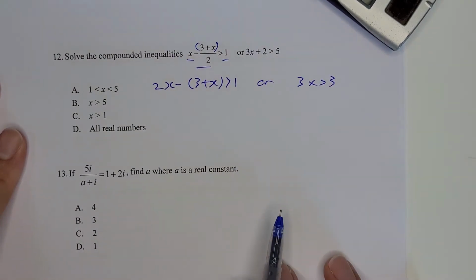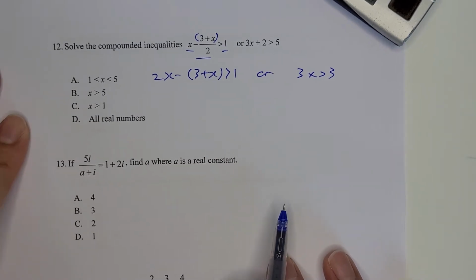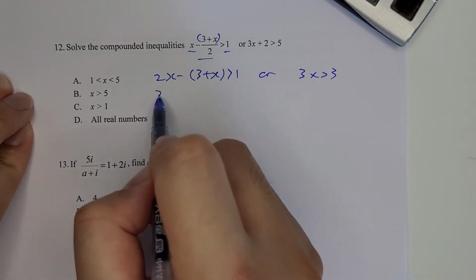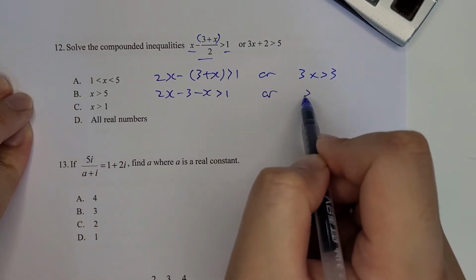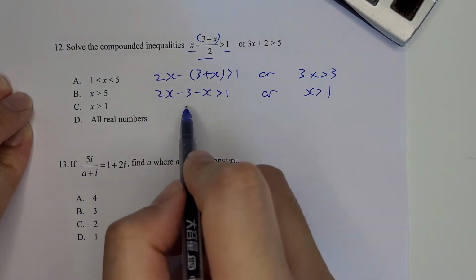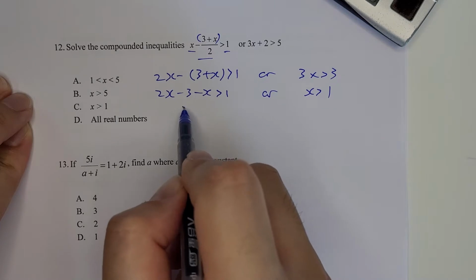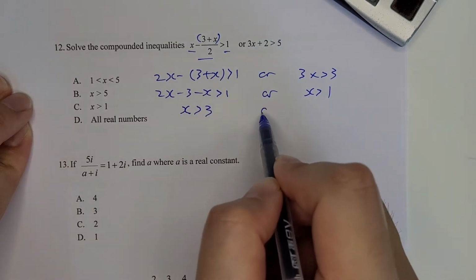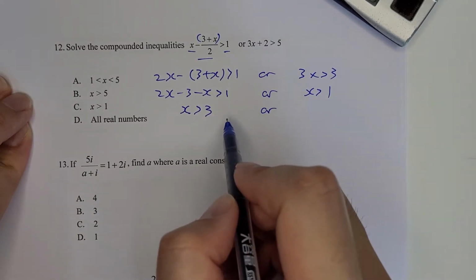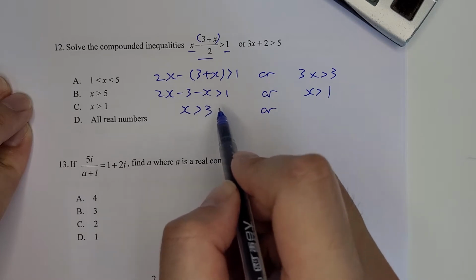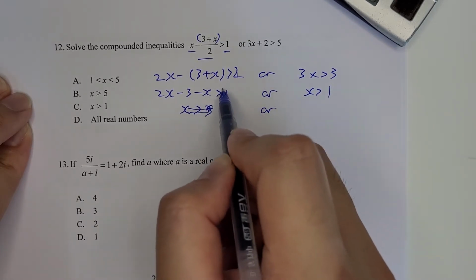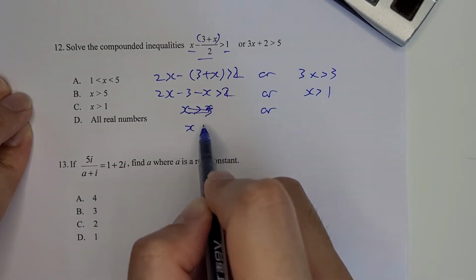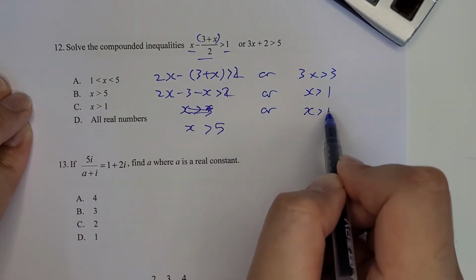The second inequality is quite straightforward, okay? So 2x minus 3 minus x greater than 1, or x greater than 1. And then here x greater than 3, or sorry, there's a calculation mistake. 2x greater than 5, or x greater than 1.